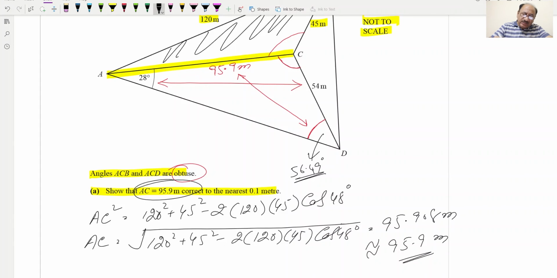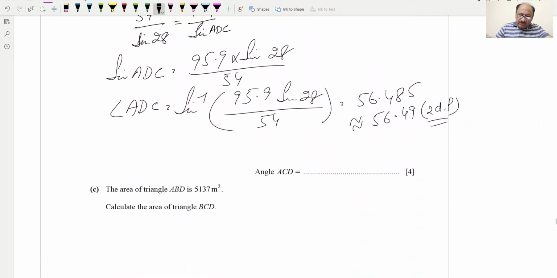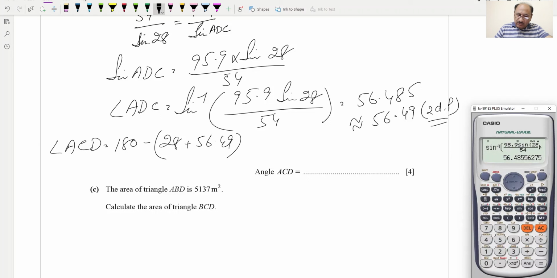Angle required is ACD, so ACD will be equal to 180 minus these two angles, so we can write here angle ACD will be equal to 180 minus 28 plus this angle which is 56.49, and this is already there, so plus 28 this one, and 180 minus answer will be 95.51.